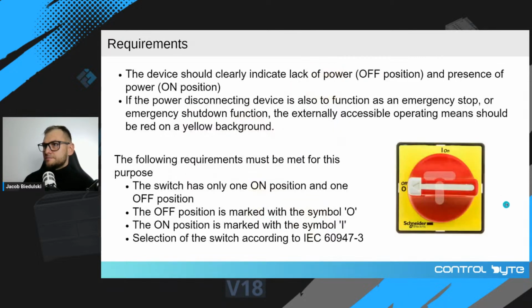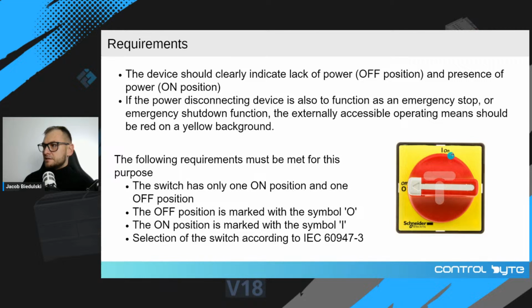Okay, let's move on. Those are requirements for an isolating switch, a disconnecting device that acts as a main switch. The device should clearly indicate the power-off position and the power-on position.